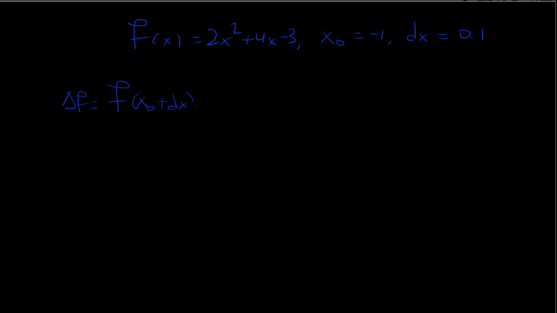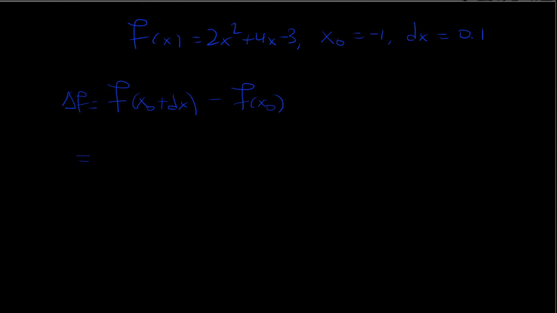Next example, f of x is equal to 2x squared plus 4x minus 3. X naught is negative 1. Dx is 0.1. So the change, we'll call it delta f, is f of x naught plus dx minus f of x naught.